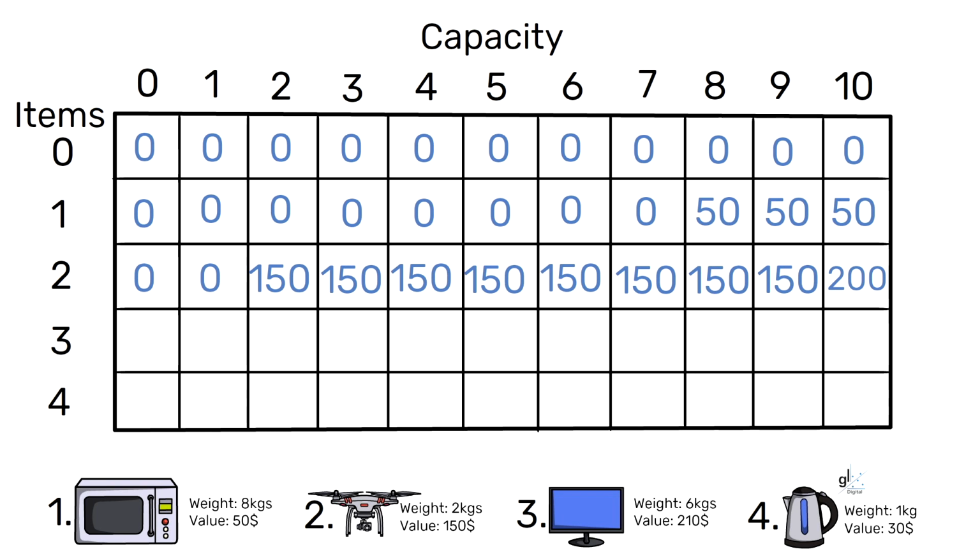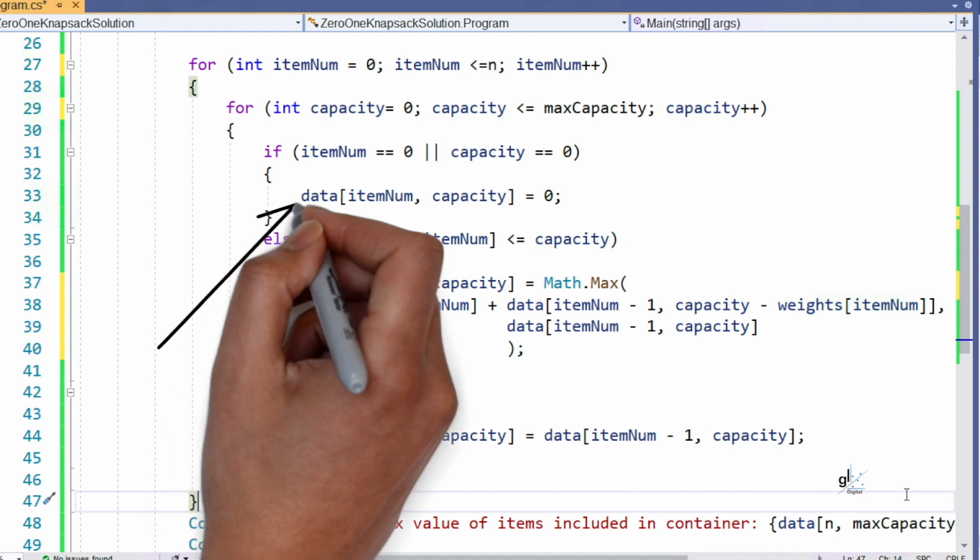The item num variable defined in the outer loop is now equal to 3. 3 represents the monitor. The monitor weighs 6 kgs and has a value of 210. So at position 0 in the fourth row, 0 must be recorded, because the value stored in the capacity variable is 0, so the code in the if block is executed.